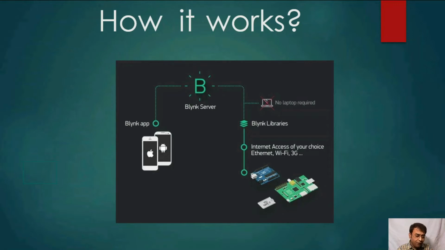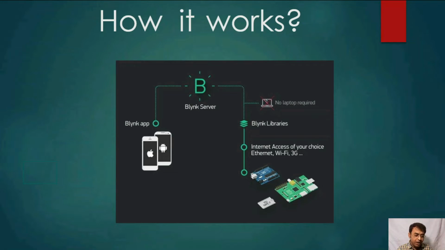So now you have to have the internet connection with your device, right? So your device, whether it is NodeMCU or Arduino or Raspberry Pi, whatever be the device, it must have internet access through which you can connect to the Blynk server.